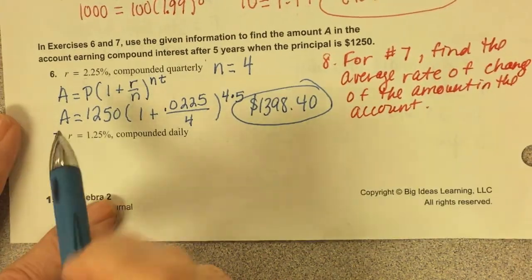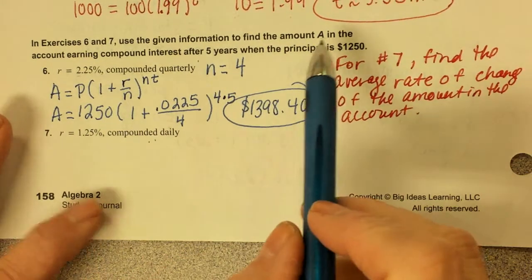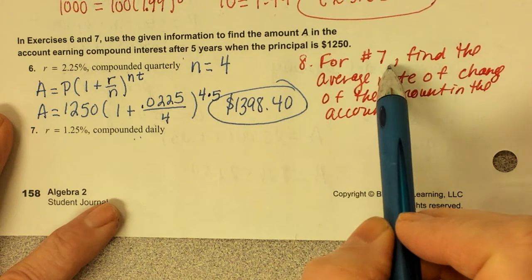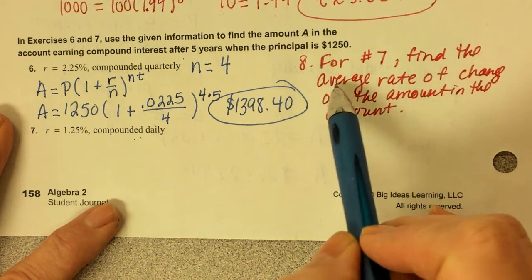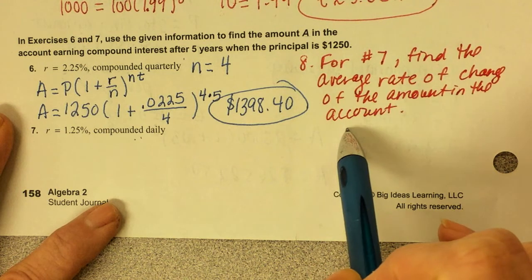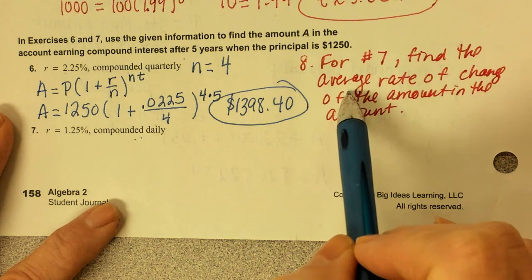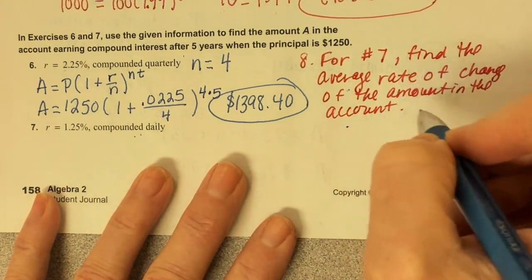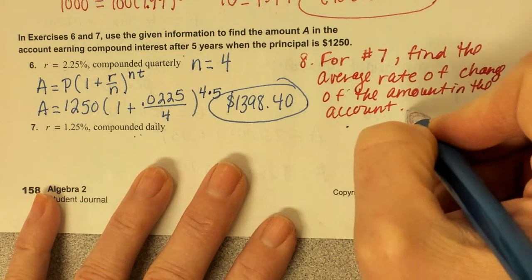Alright, so now, instead of doing number 7 the way it's written, we're going to do this for number 7. Find the average rate of change of the amount in the account. Average rate of change is going to be basically just the slope, okay?